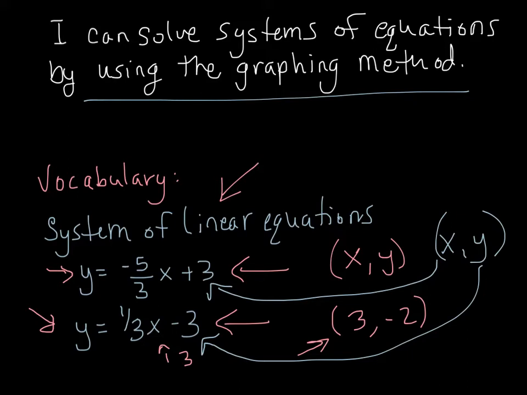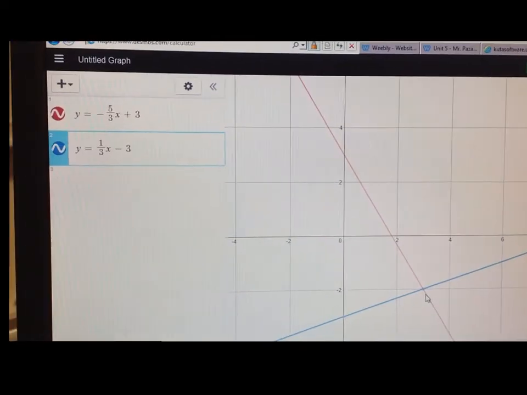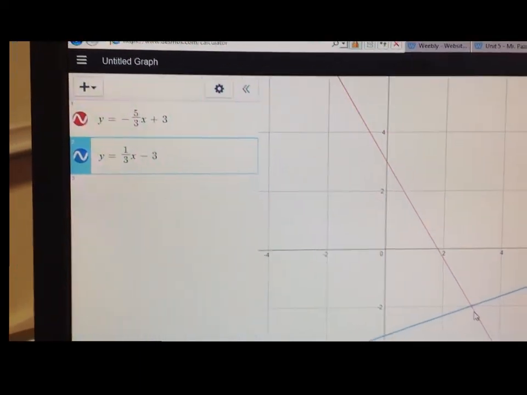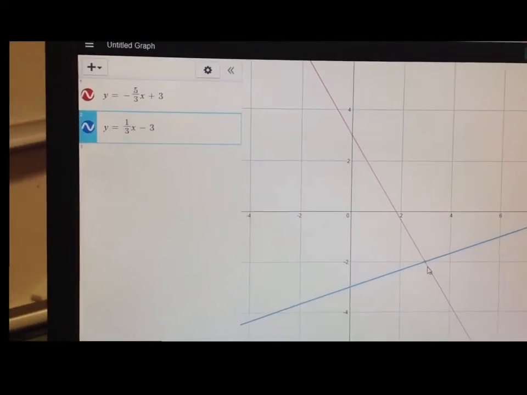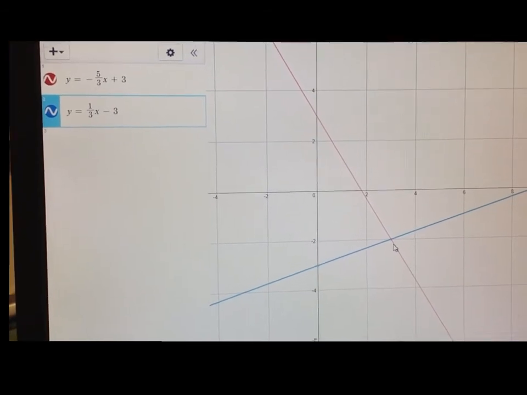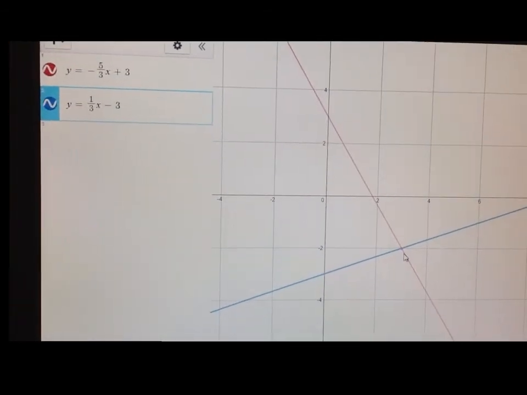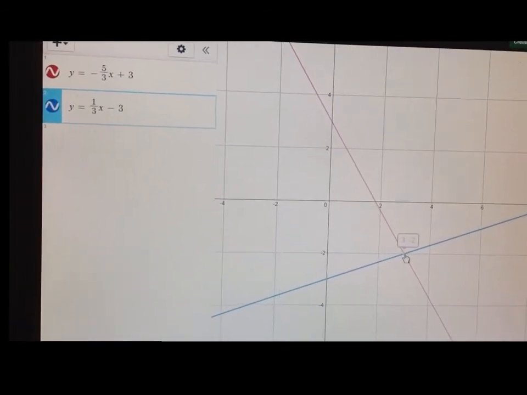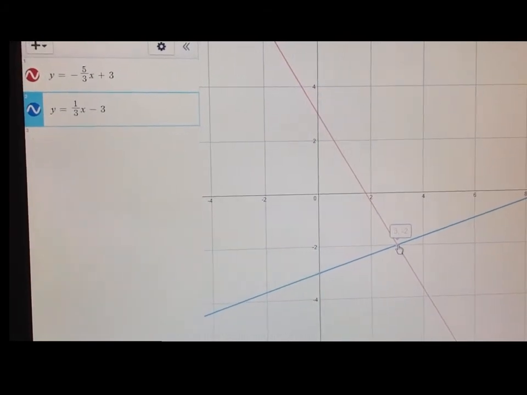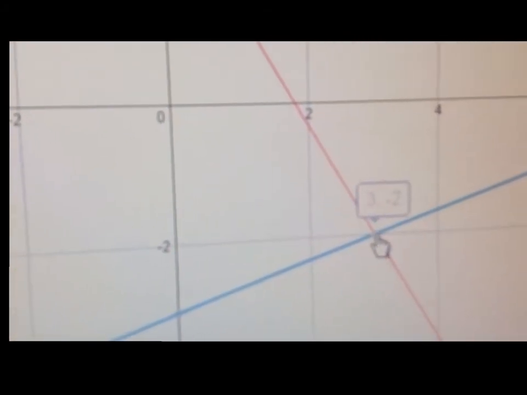All right, on the next slide here, I'm going to show you what these look like graphed. Quick sloppy handheld video. Here are those equations plugged into Desmos. So you can see the top one there, the red, and then the blue one. And that point right there where my mouse is moving, that right there is the one point where these two lines intersect, point 3, -2.